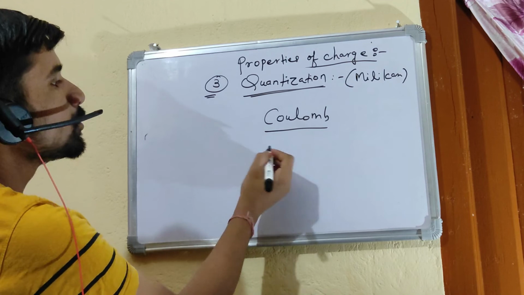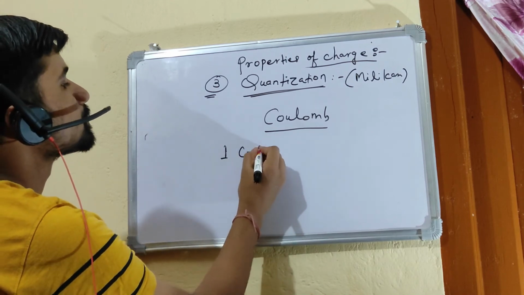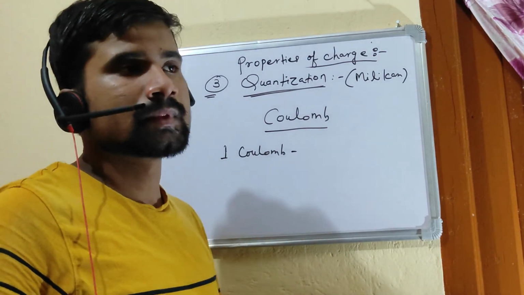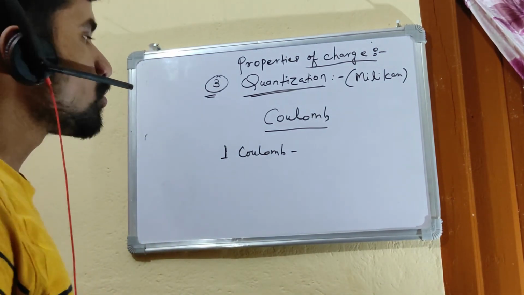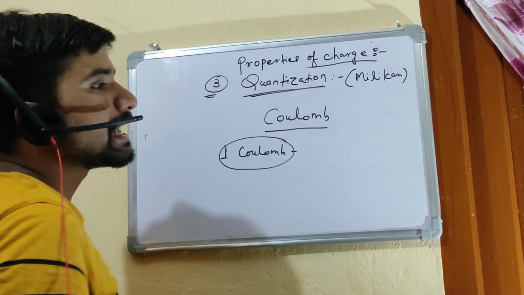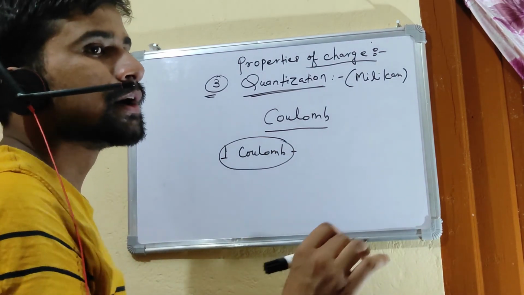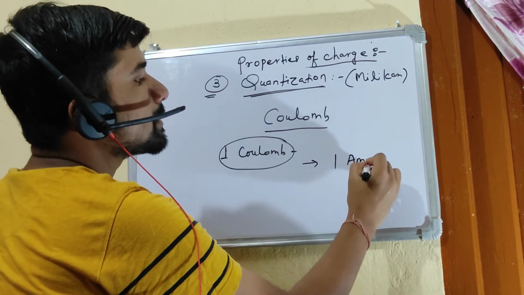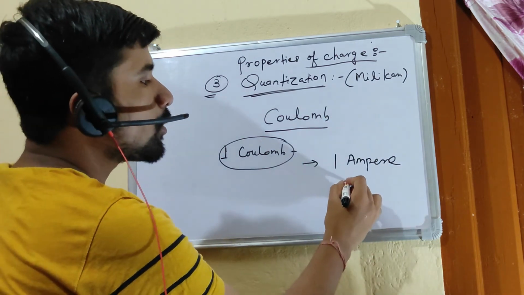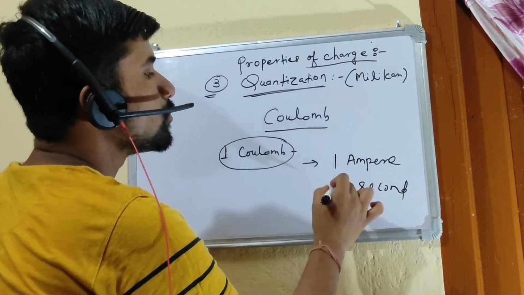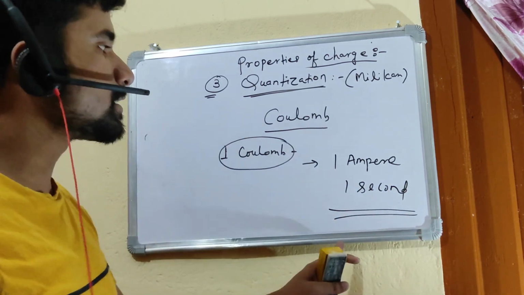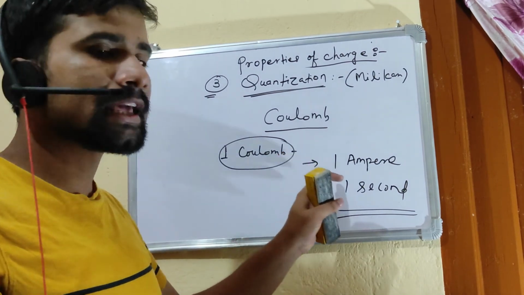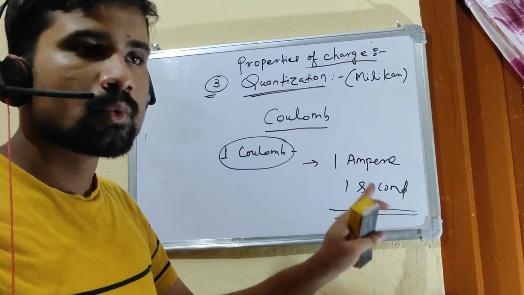So what is 1 coulomb? 1 coulomb is defined as the amount of charge which flows through a conductor or a material when 1 ampere current flows through it for 1 second. So don't worry about ampere and things. We'll talk about this in the third chapter, but just for an understanding, 1 coulomb is the amount of charge which flows through the body when 1 ampere current flows through it for 1 second.